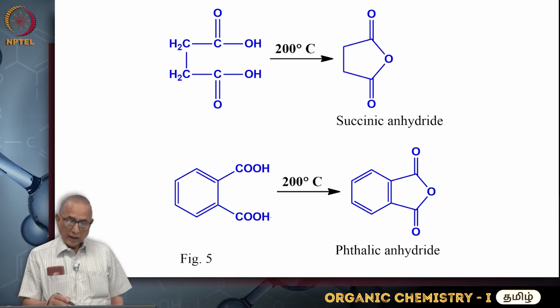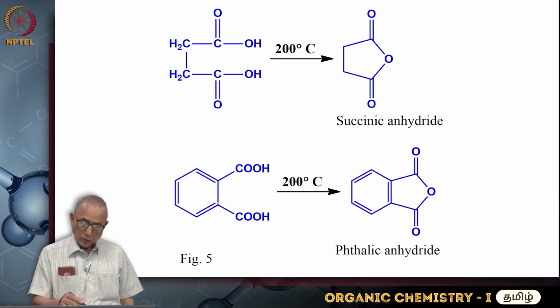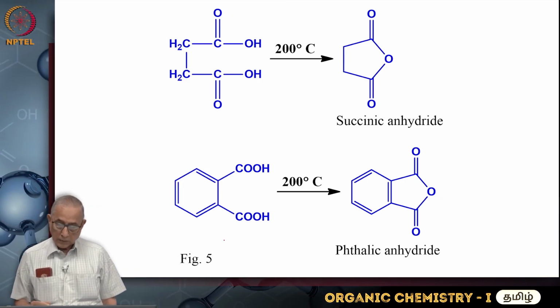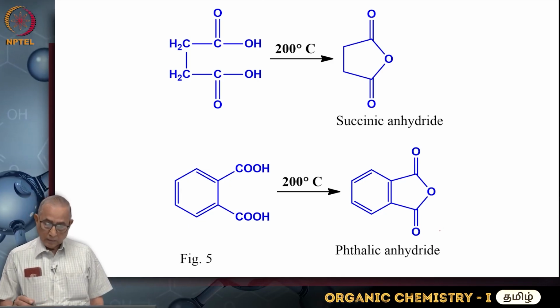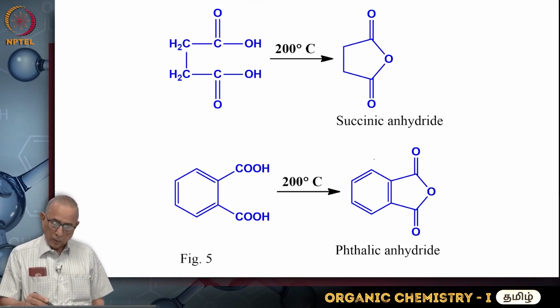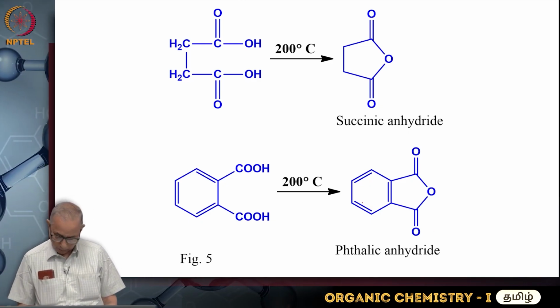If you heat phthalic acid, benzene ring with 2 hydroxyl groups at 1,2 position or ortho positions, heated to 200 degrees, you form phthalic anhydride. இந்த compound-உம் மற்ற organic compound prepare பண்ணுறதுக்கு ரொம்ப useful ஆக இருக்கிற compound.